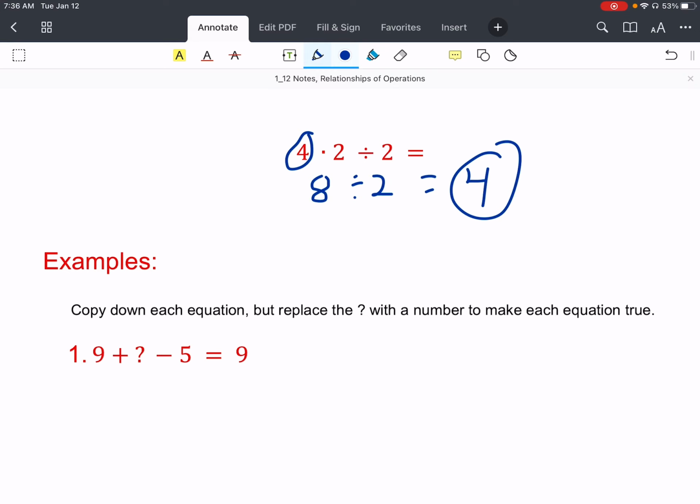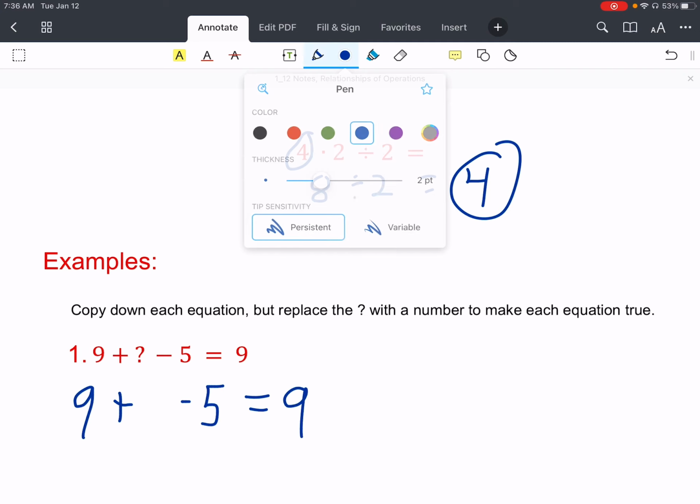So we want to notice first that we start with 9 and we end with 9. So whatever happens to the 9 has to cancel each other out. So we have an addition problem and then a subtraction. And if we're subtracting 5, that means we need to do the opposite of subtracting 5 to get back to 9. So that, of course, would be adding 5.